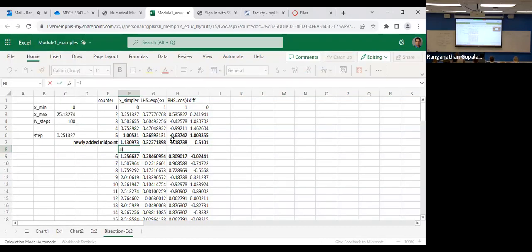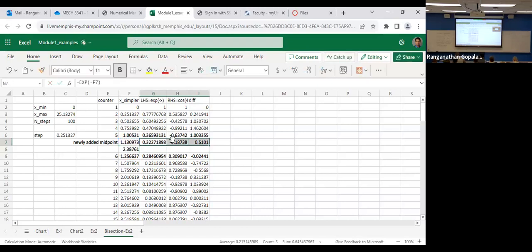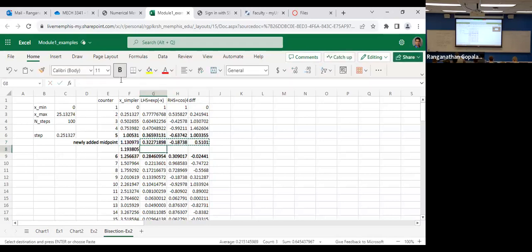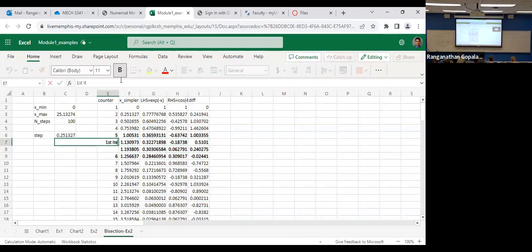and we'll calculate the midpoint between 1.13 and 1.25. Oops, I have to divide by 2. And then I'm going to paste it here. So instead of calling it newly added midpoint, I'm going to call it first iteration, second iteration. So my second iteration, 1.19, LHS, RHS, the difference is 0.24.